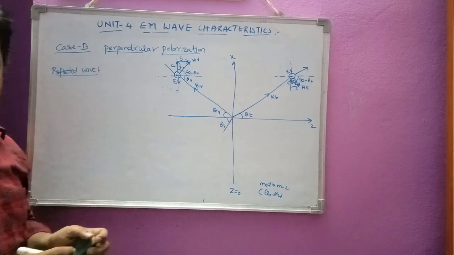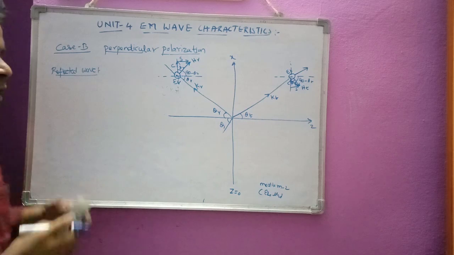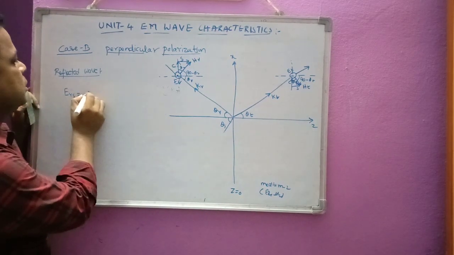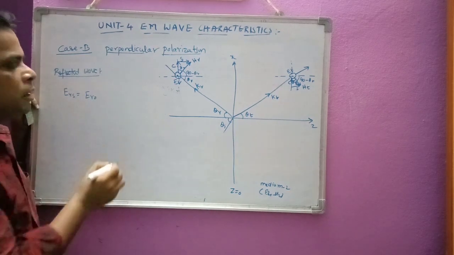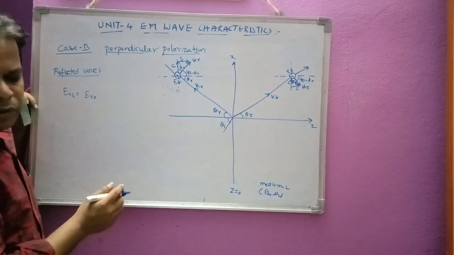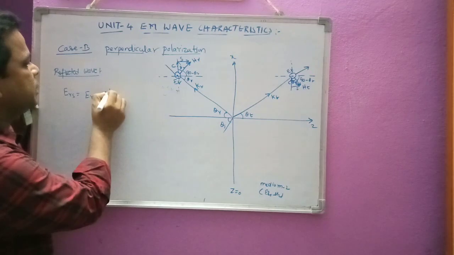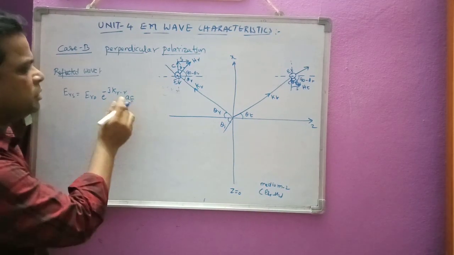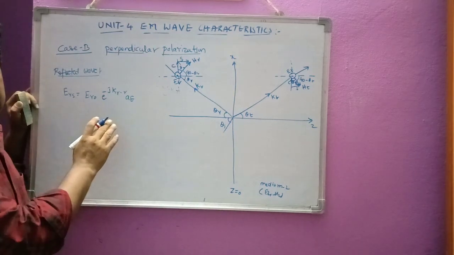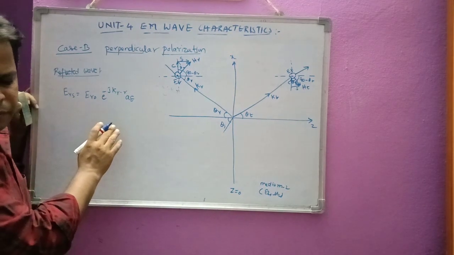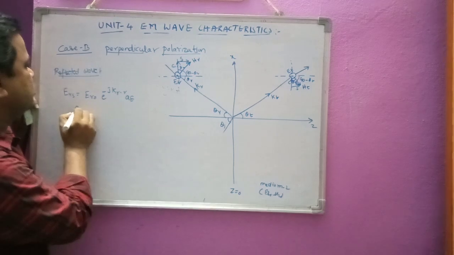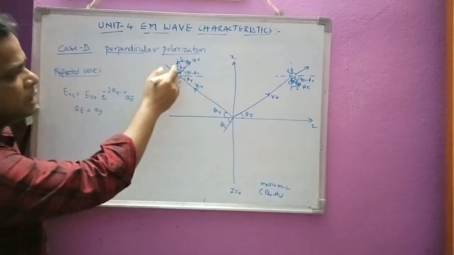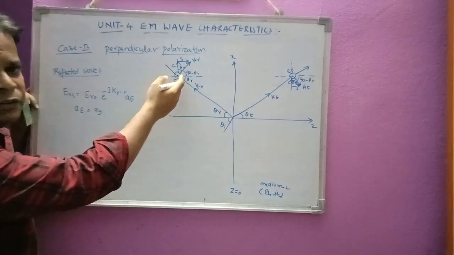For the reflected wave, we have to write the equation for ER of S. ER of S becomes ER naught into e power minus j kr dot r into ay. So this is not going to change here. That is, ay is going to be the same, ay only. Why? Because we don't have any change in the direction of the electric field here.